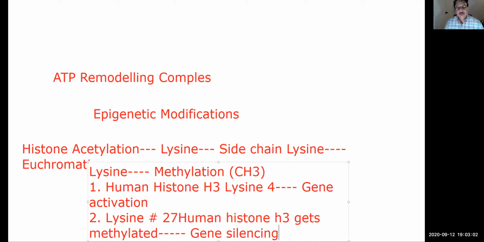So gene activation and gene repression are opposite terms. Gene activation means mRNA translation will take place. Gene repression or gene silencing means no mRNA or no protein synthesis can take place.